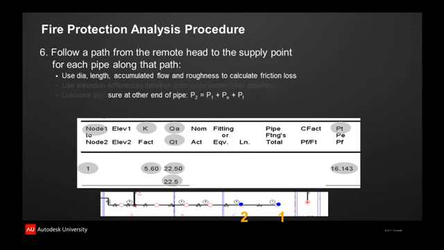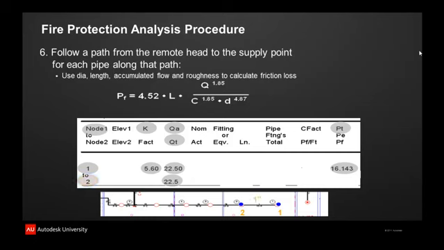So we're going to calculate the pressure for the friction loss between point 1 and point 2. We're going to record the length and the flow and the C factor and the diameter, both on the form and in our formula. So we'll start by filling in on the form that we're going from point 1 to point 2.